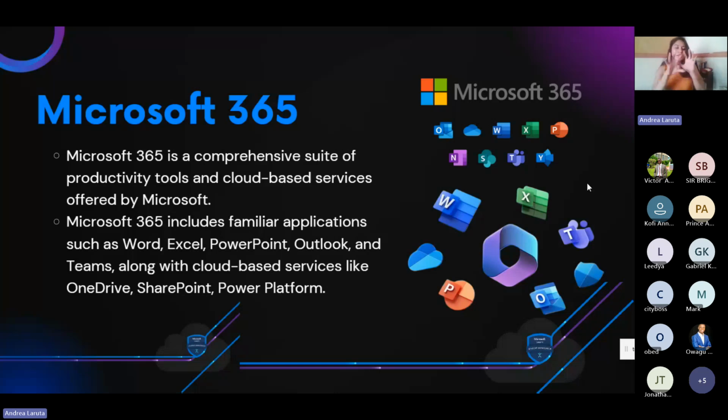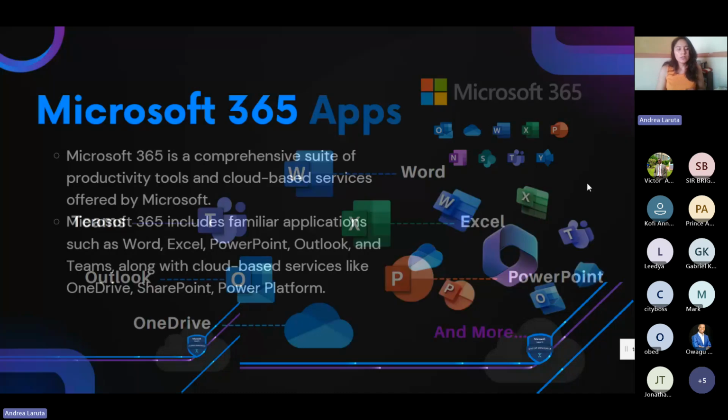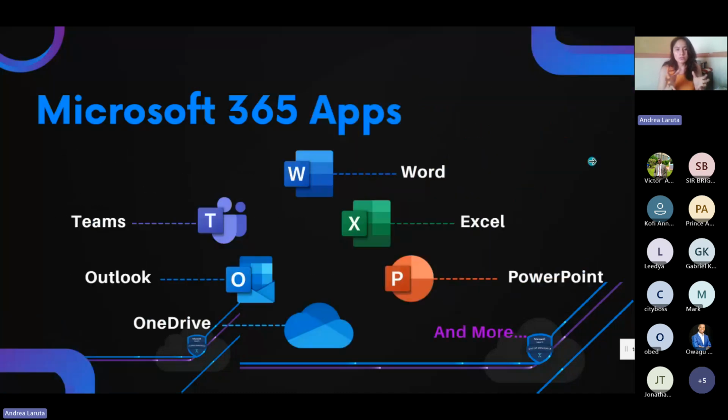Now I have everything in one place. What else about Microsoft 365 apps? As I was telling you, we used to use Word, Excel, PowerPoint, the tools that we used in the past. Now they are all together along with Teams, Outlook, and OneDrive. So it's pretty helpful to use this suite.